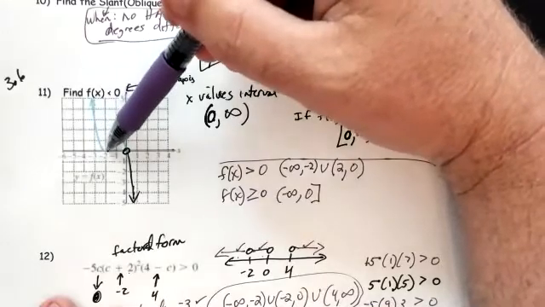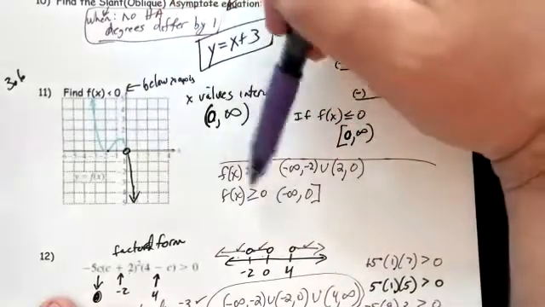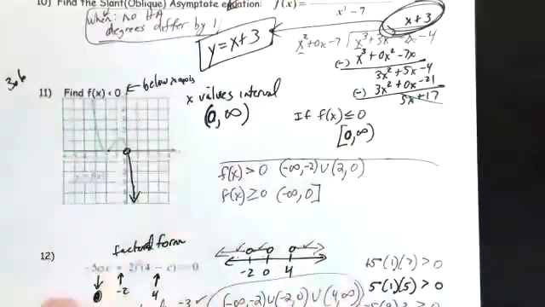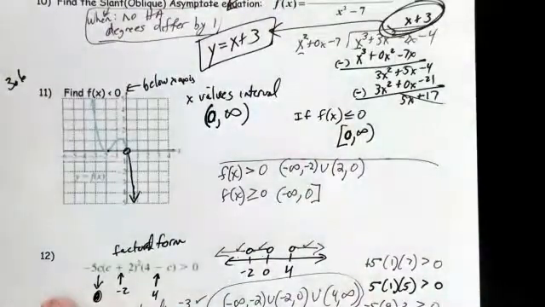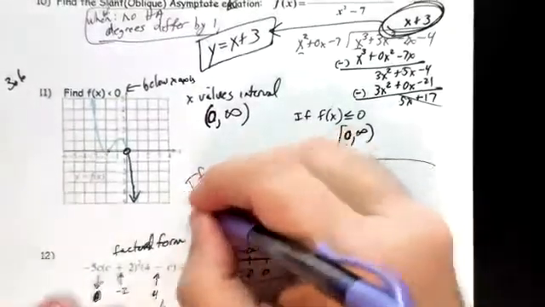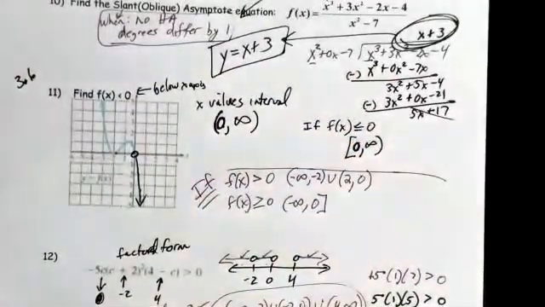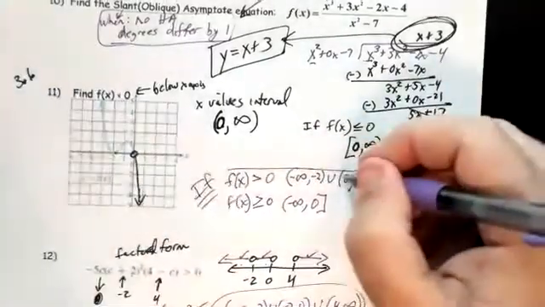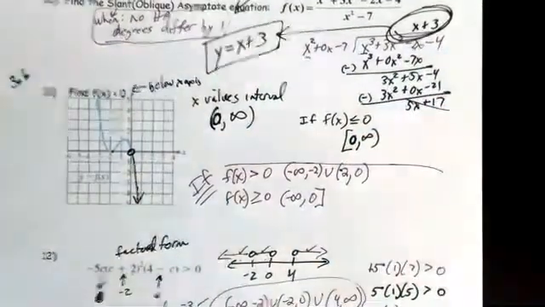So basically, this whole graph would count. So you would just go negative infinity to 0. That makes sense? That first one will be -2 to 0. Yeah, I said -2, but I wrote 2.